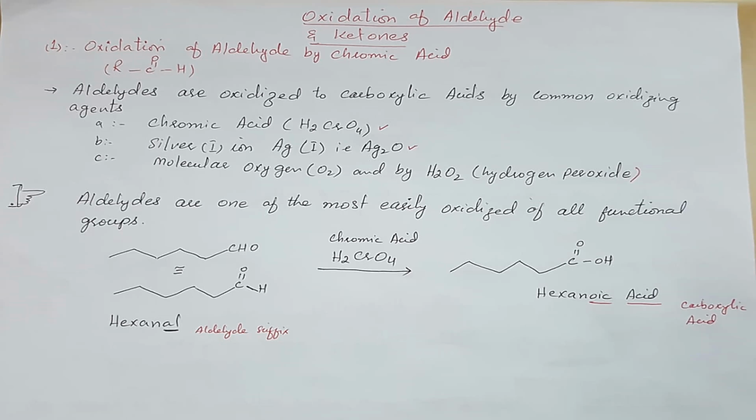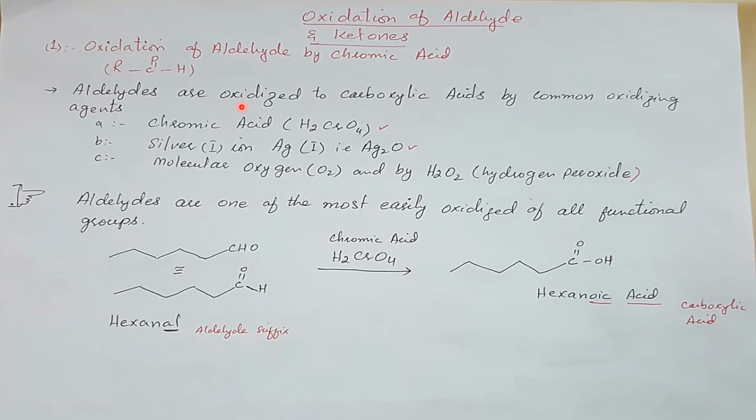You can think about it for a very short period, and maybe you get an answer, and even if you don't, we can discuss it. Whenever we go for the oxidation of aldehyde, we can synthesize the carboxylic acid. One way to synthesize carboxylic acids is the oxidation of aldehyde.